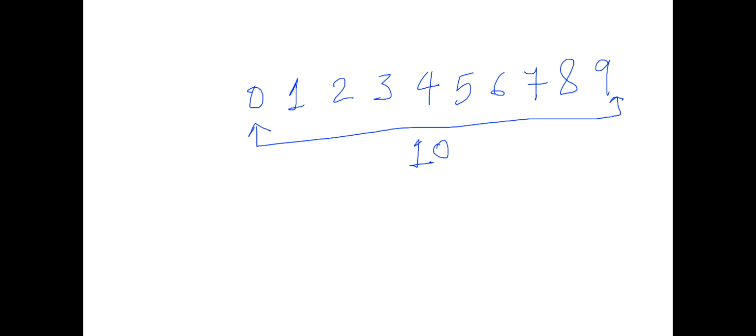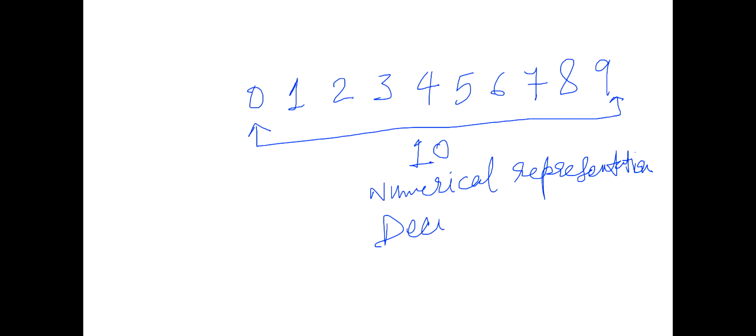So this form of representation is called numerical representation, or in terms of programming language, we call it decimal representation. This is just a name, decimal representation.